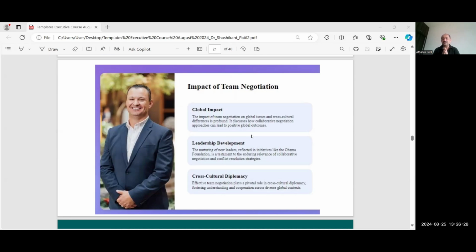If you are managing effective team negotiation by acquiring concrete negotiation skills and training properly, it plays a pivotal role in cross-cultural diplomacy, fostering understanding, bonding, and cooperation across diverse global contexts. So the global impact of team negotiation is that it will help you resolve global issues and cross-cultural differences, and it discusses how collaborative negotiation approaches lead to positive global outcomes.